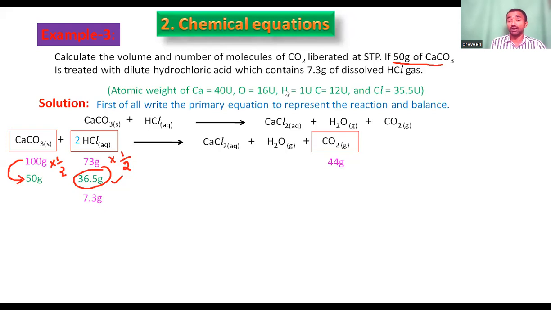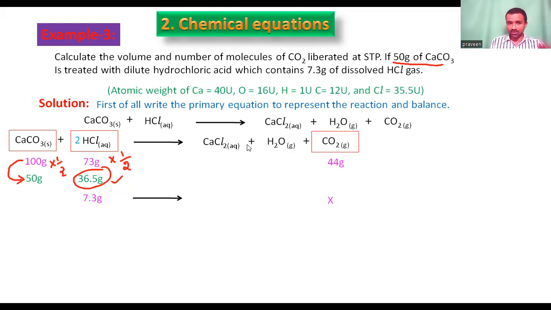So it is available less than the required quantity. Yes or no? So here simply 7.3 grams of HCl will affect the product, carbon dioxide. So what amount of carbon dioxide will be liberated with 7.3 grams of HCl?